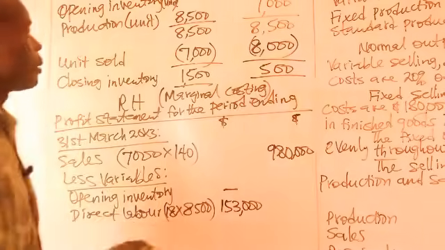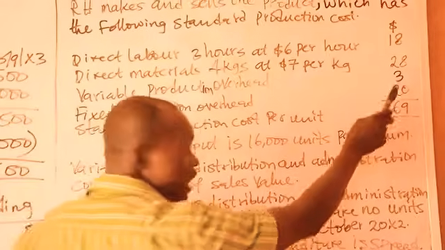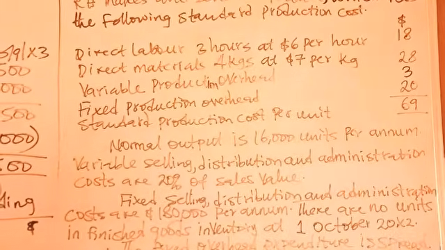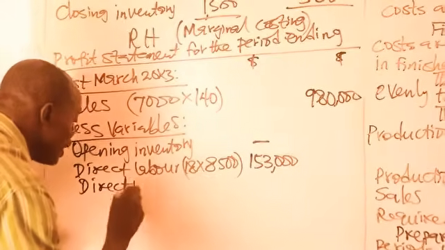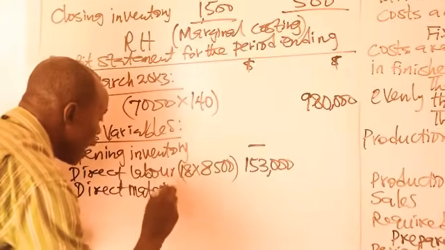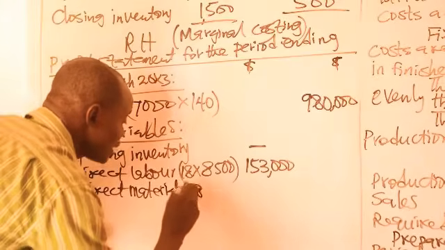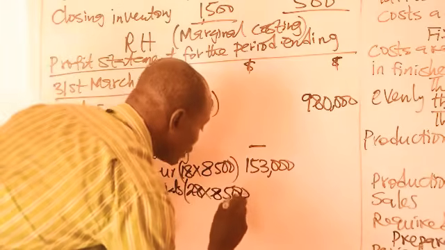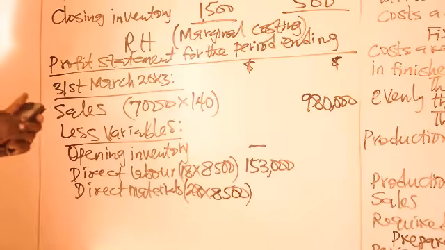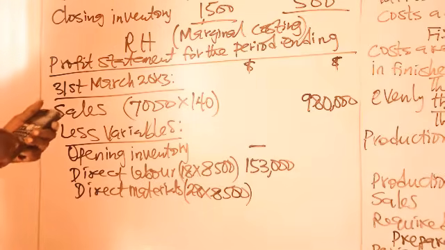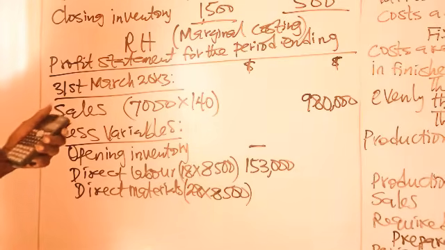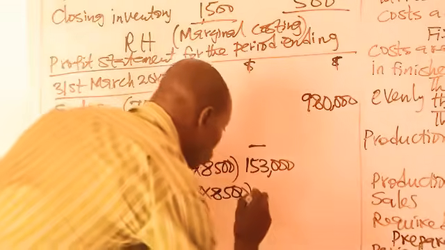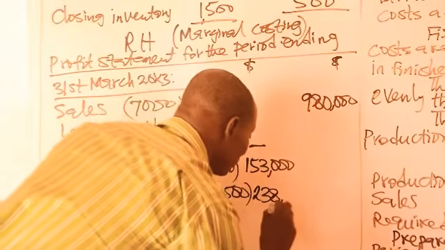That is direct labor. The next one is direct materials of $28. 28 times the units produced, which is 8,500, will give us 238,000.